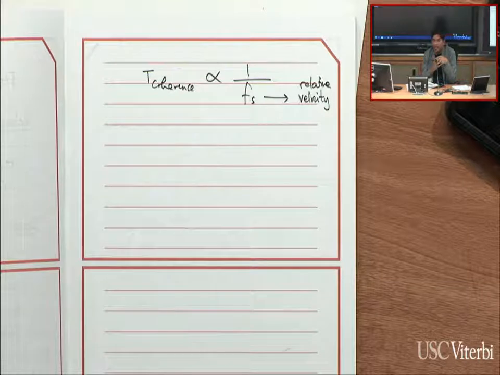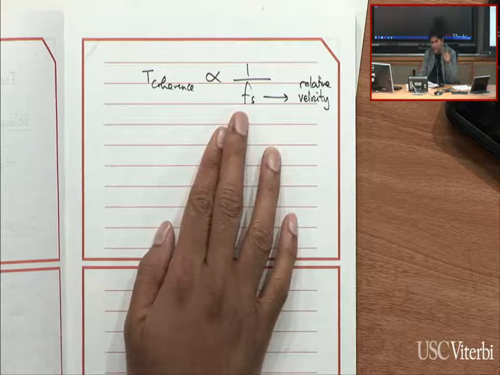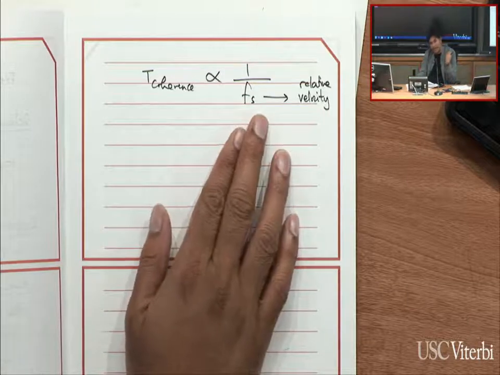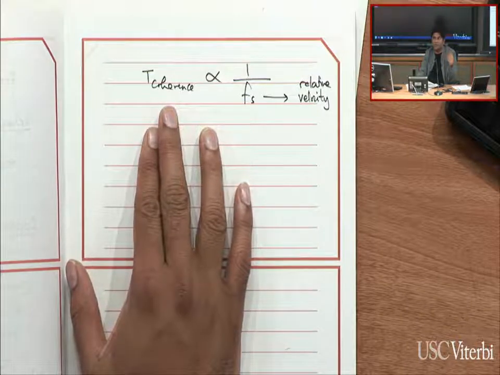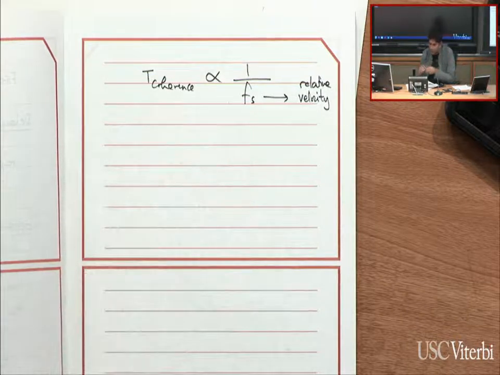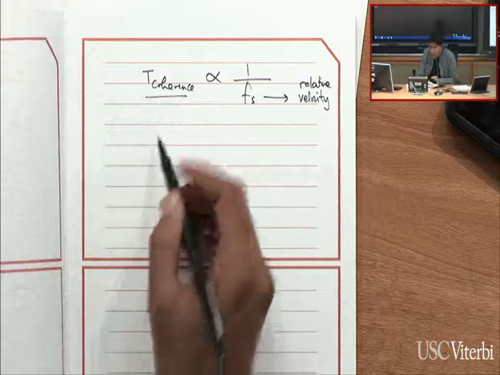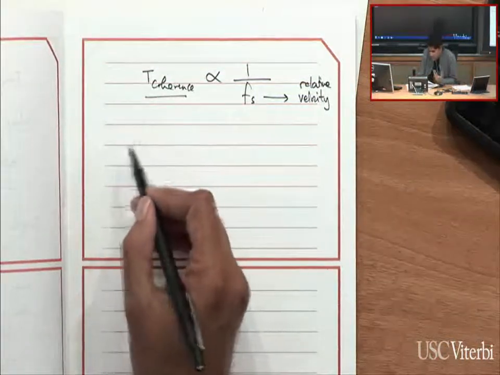And if you have a lot of dynamics in your environment, even if your nodes are static but there are people moving around, the reflections are moving around, your Doppler spread is going to be high, and correspondingly the coherence time is going to be low. Your channels are going to go from being good to bad very quickly. Okay. So coherence time is related to something we call how fast the fading is.